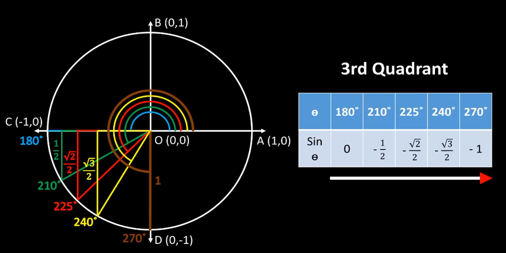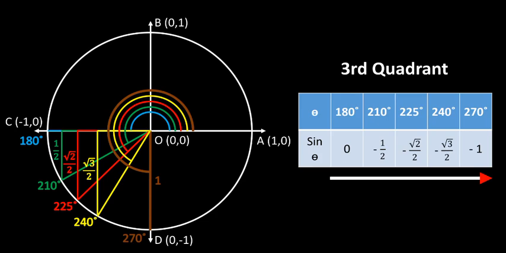It gives the value of sine of 210 degrees. As this line is directed toward negative y-axis, so sine of 210 degree has negative value. Sine of 210 degree is equal to minus 1 by 2.